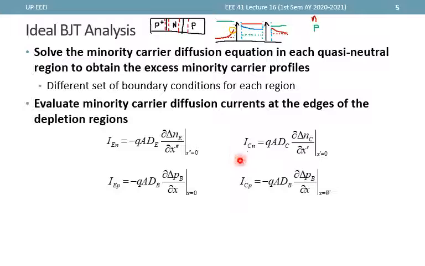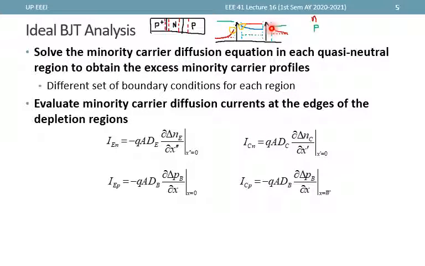For IEP, we need the slope of delta PB with respect to x, evaluated at the edge of the depletion region, which is at x equal to 0. ICN is the electron collector current, and we determine that based on the slope of delta NC.